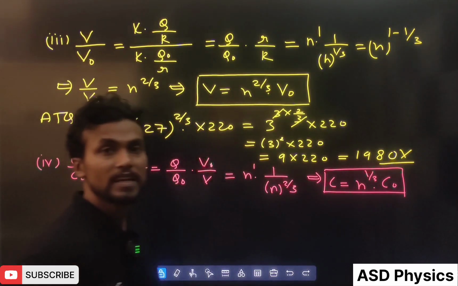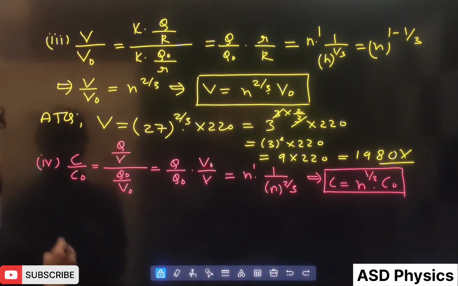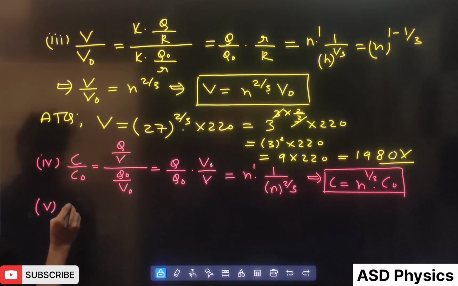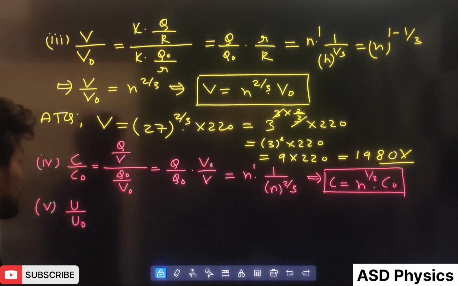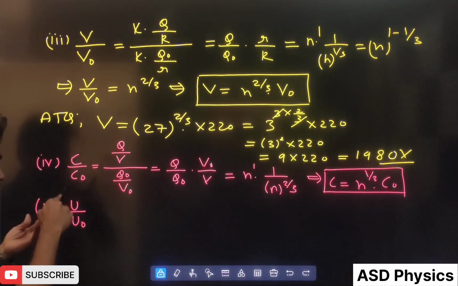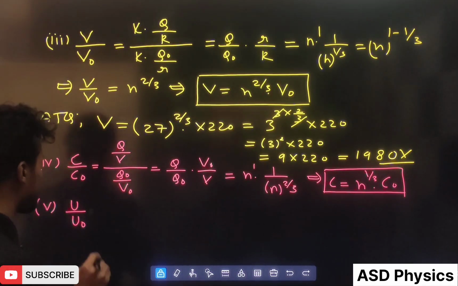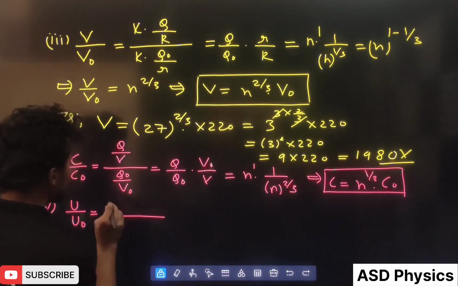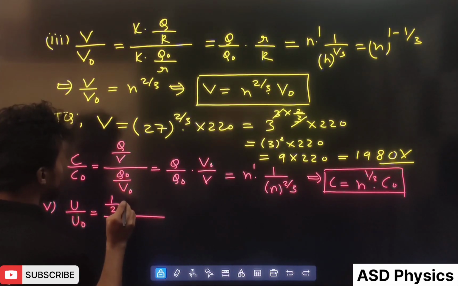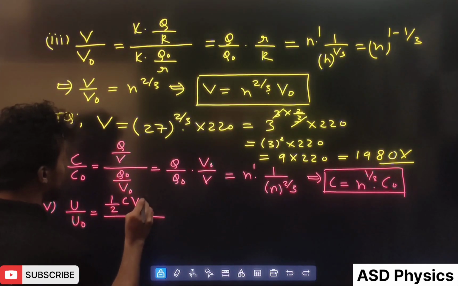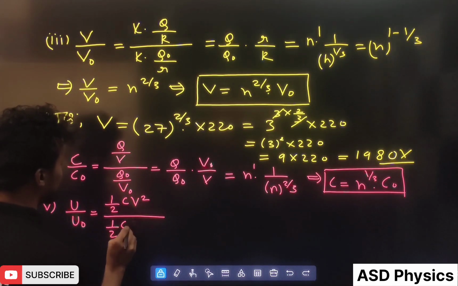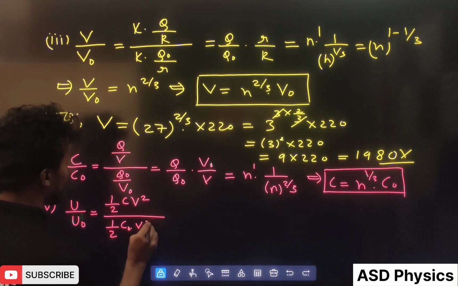Sometimes they will ask capacitance also. Now, last one, if they ask the energy, like U by U naught, the energy of a bigger drop and the energy of a small drop. U by U naught is half C V square by half C naught V naught square.